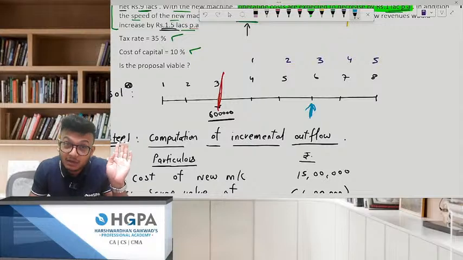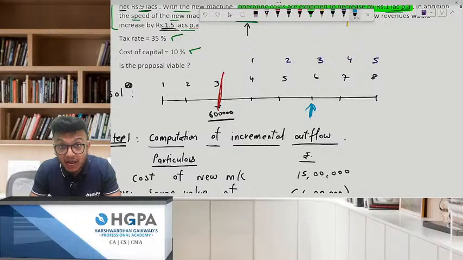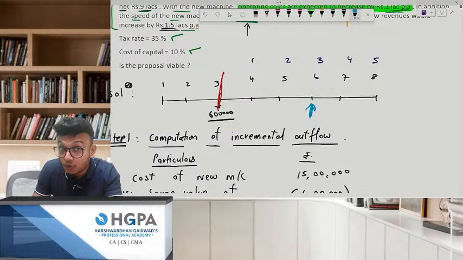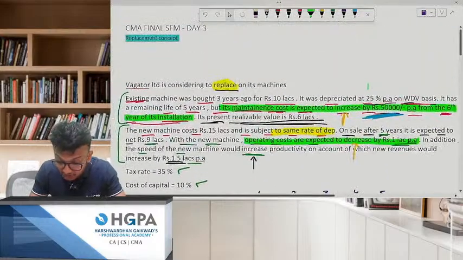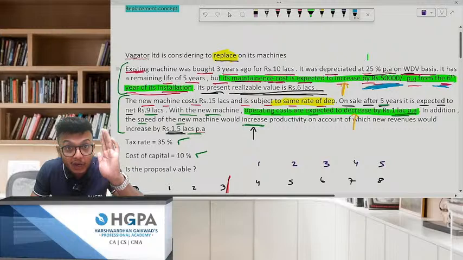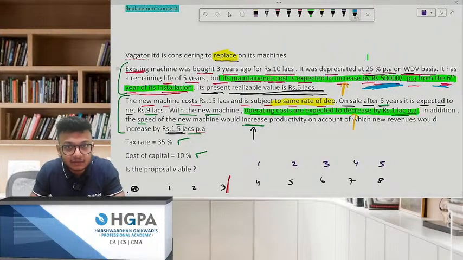The old machine is becoming very old, so you have to incur more money. But I'm thinking to buy the new one. So my cost is saved, and if my cost is saved, that is my inflow. This 50,000 per annum from the 6th year is going to be my inflow only, because I'm not going to incur it. Has this gone into your brain?